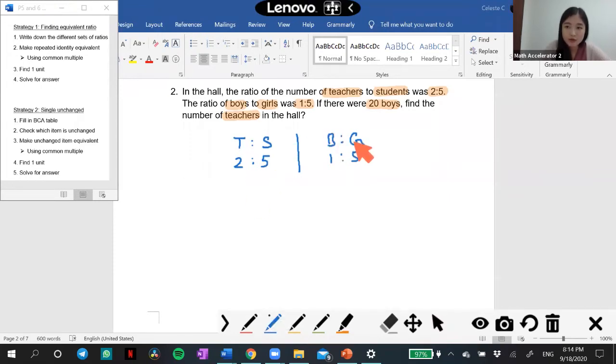Boys and girls, if you add it up, it should get you students. Students is the sum of the boys and girls. So 5 units plus 1 unit, 6. So we created the repeated identity ourselves here. Students, 5, 6. Now find the common multiple of 5 and 6.